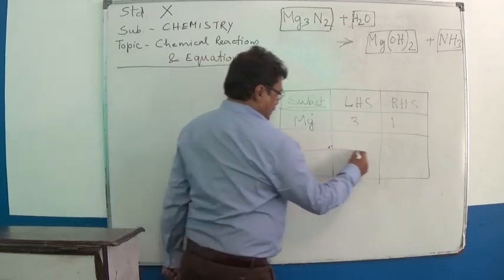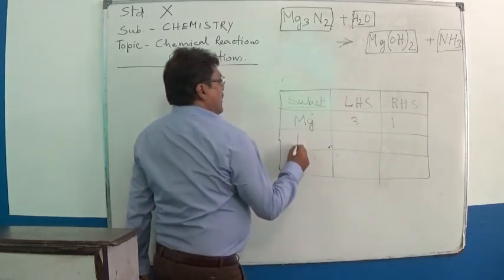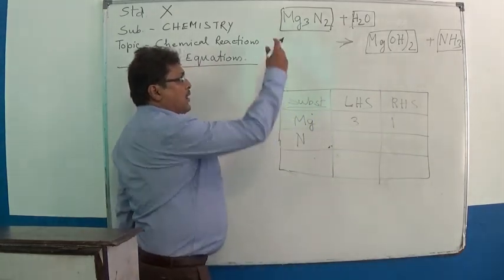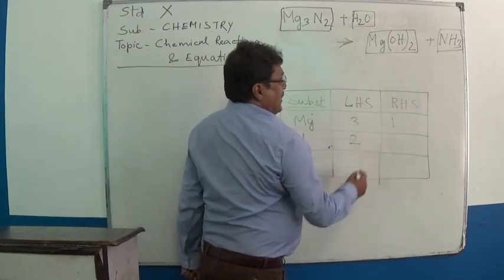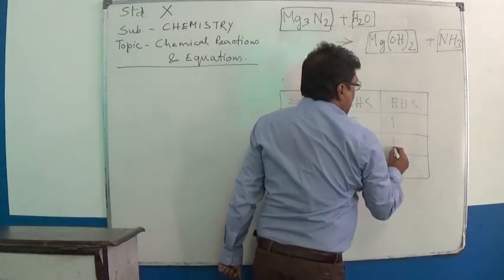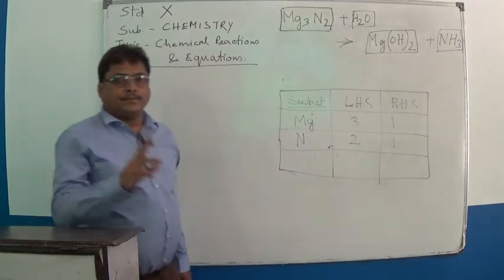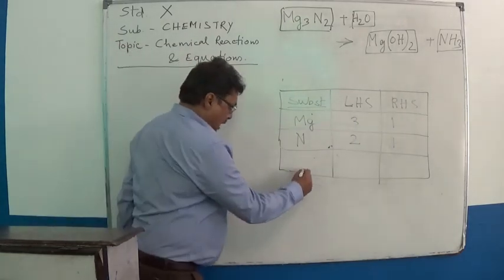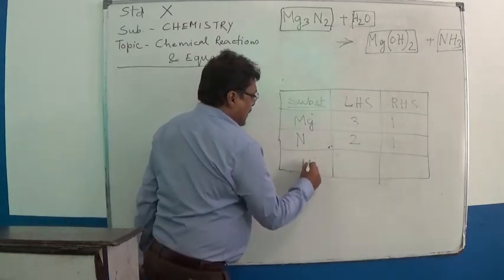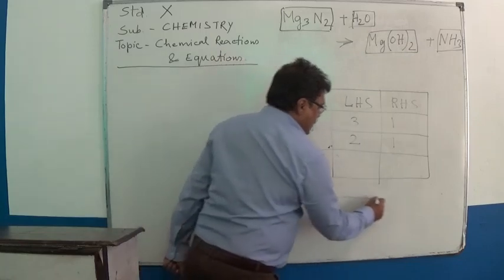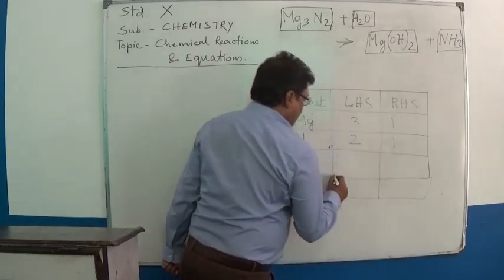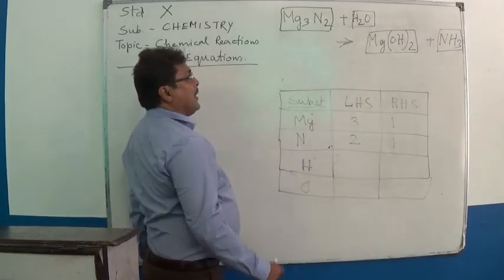Next, nitrogen. 2 atoms on the left hand side, 1 atom on the right hand side. Hydrogen, actually there are 4 elements in this reaction. Oxygen.